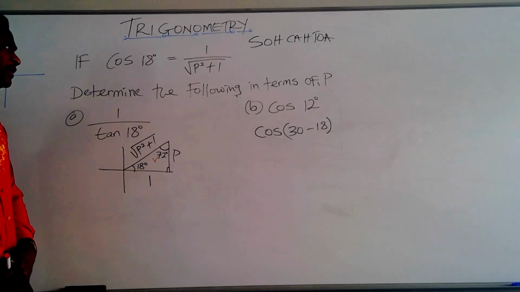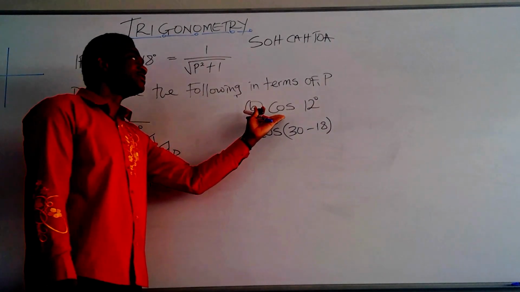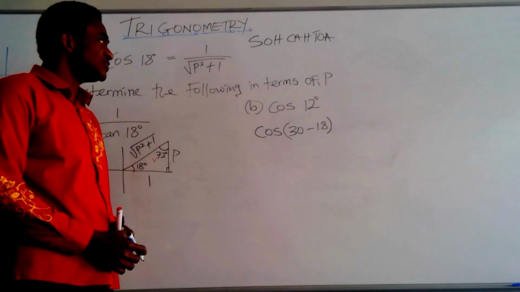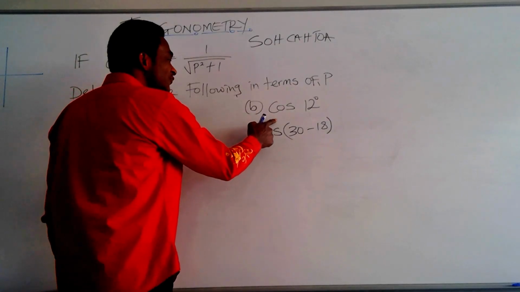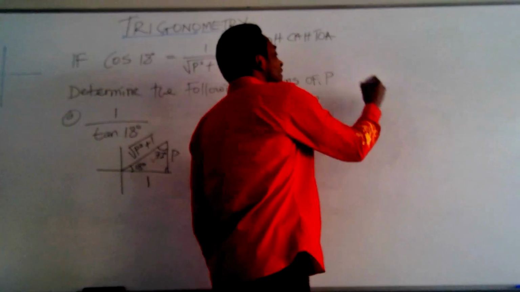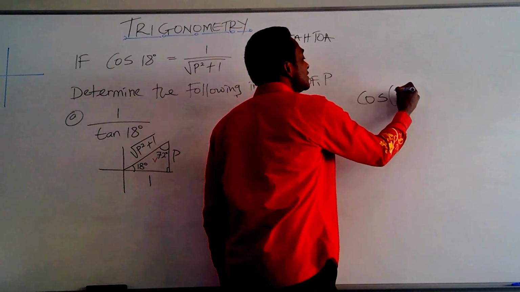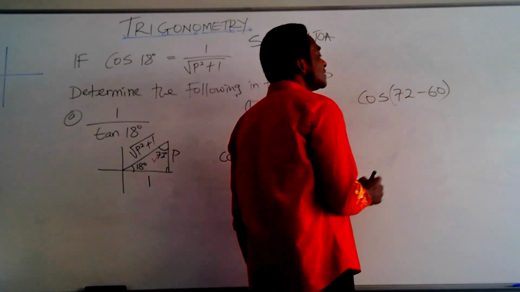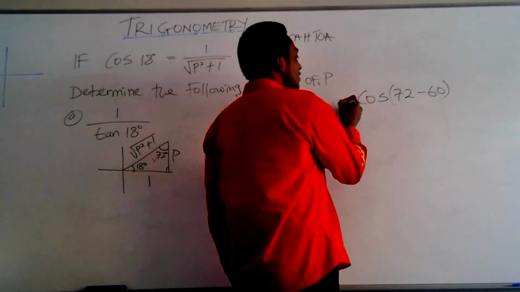We break down the cos of this to give us an element of 72. How can we get a cos of 12? 12 can also be cos of 72 minus 60. 72 minus 60 gives us cos of 12.